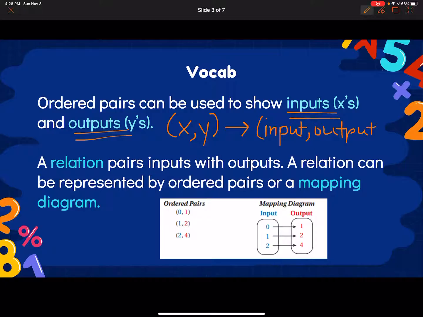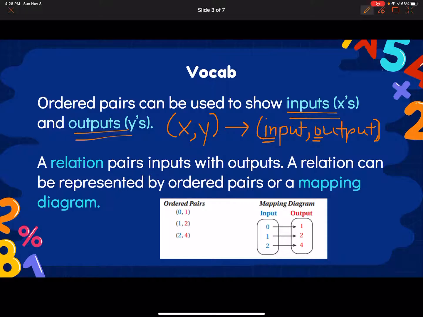And if you are thinking you might get these mixed up, just for a second, think about your x comes before your y in the alphabet. So they're in alphabetical order. Your I comes before the O in the alphabet, so input-output would be in alphabetical order as well.